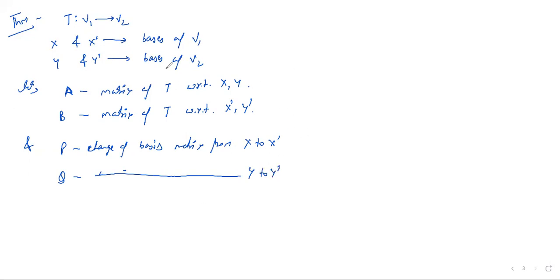Then we can find B, the matrix of T with respect to x dash and y dash, by applying Q inverse AP. This is our result. Let's see how we do this. For this we have to apply the composition of linear mappings. We have studied the composition.